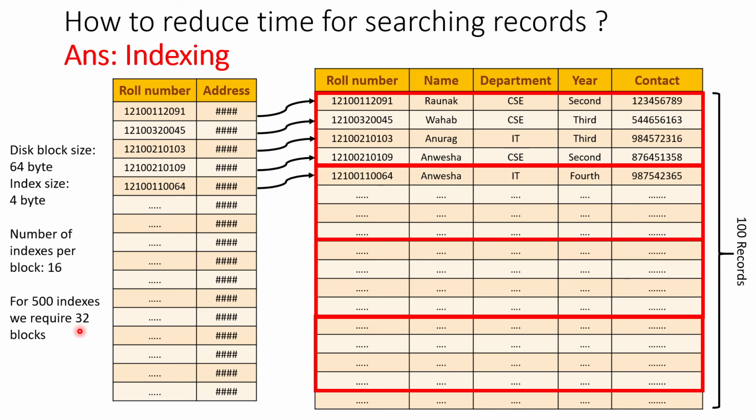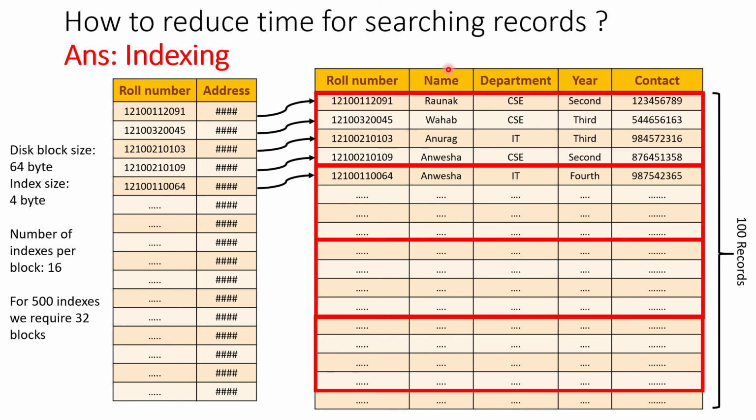In the worst case scenario, I have to check 32 blocks for finding that particular roll number from the index table. And as soon as I find that, due to this address, I am directly jumping to one of the blocks of the 125 blocks that are storing this table, right?